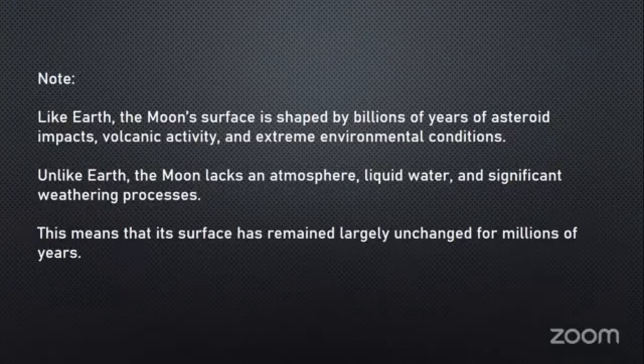So after a very long time, we don't get to see craters created by asteroid impacts on Earth. But that is different for the moon because the moon has no atmosphere and no liquid water. So any impact on the moon stays for millions or even billions of years. This means that the surface has remained largely unchanged for millions of years.